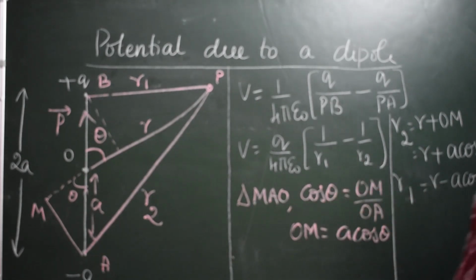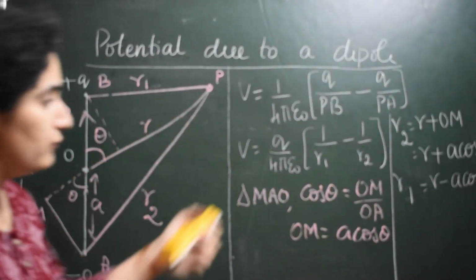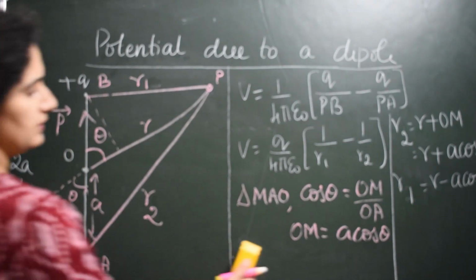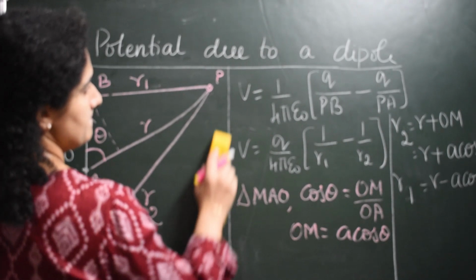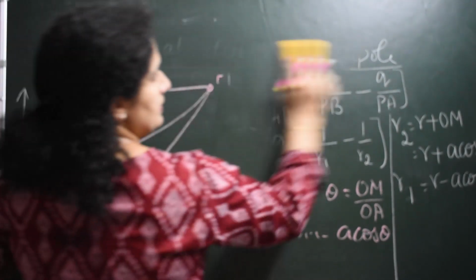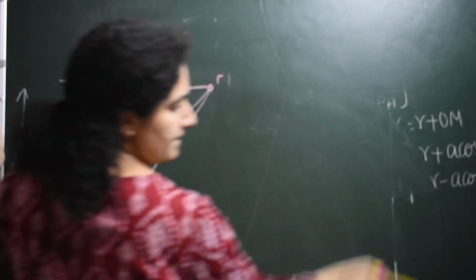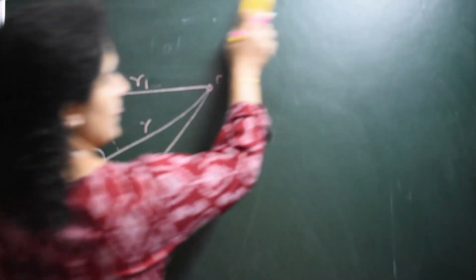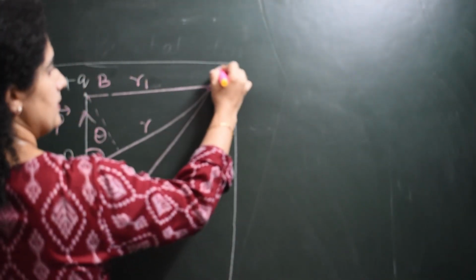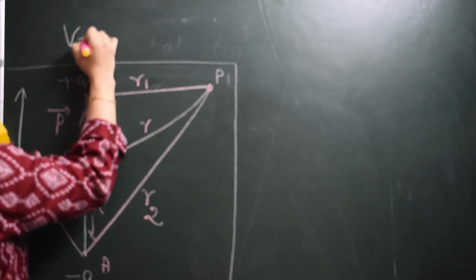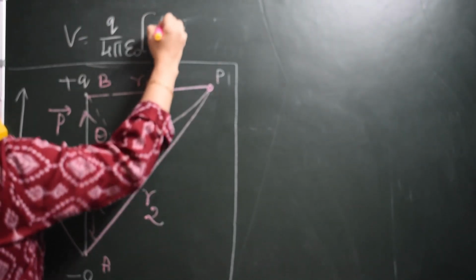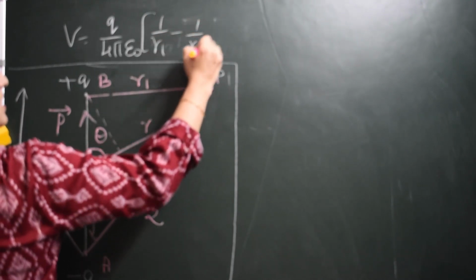Now substitute the values here. But before substituting, you have some calculations further. Okay. So just keep in mind, the required formula is V is equal to 1 by 4 pi epsilon naught Q into 1 by R1 minus 1 by R2.